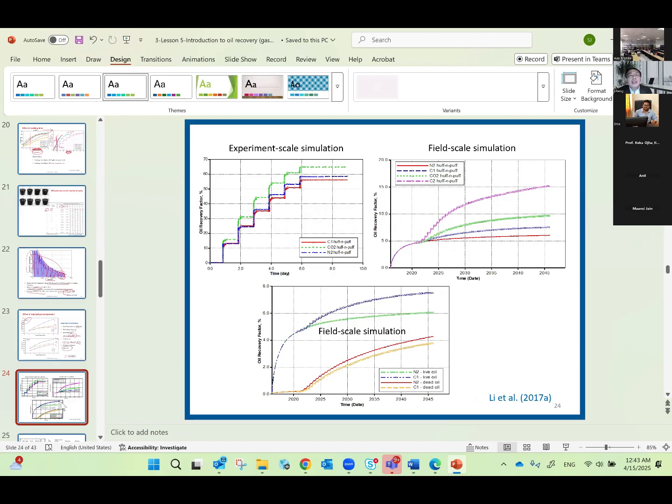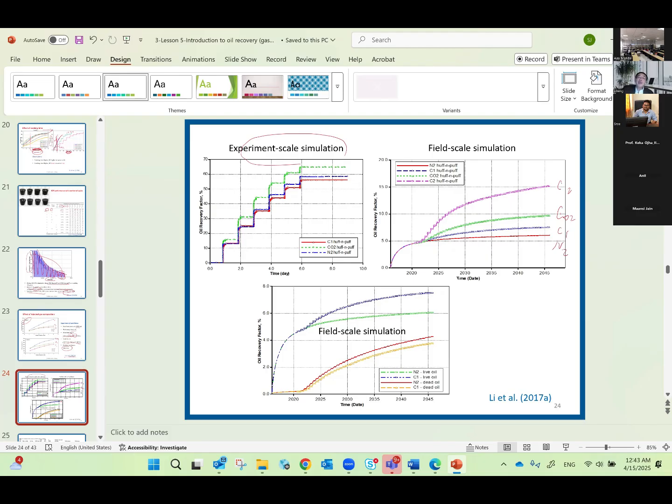And then they did simulation work. First they did a simulated experiment, and then they did a field model. Let's look at the field work. The field work here is CO2. Now, in the field work, also including ethane. And the second one is CO2. The third one is C1. The last one is nitrogen.